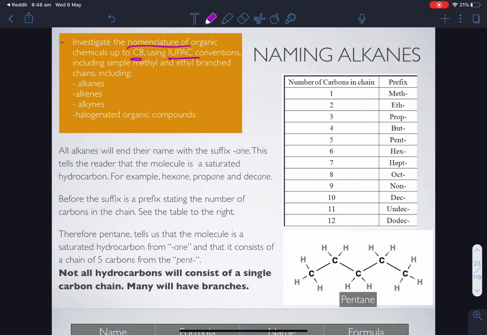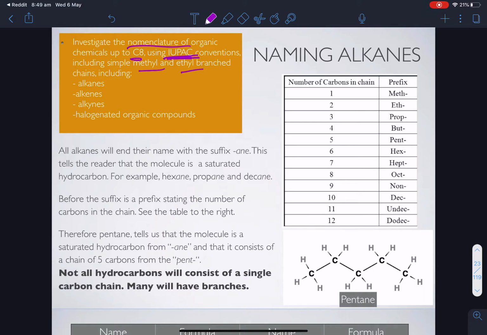These are what I call the chemistry wizards. The Council of Chemists, Applied Chemistry in Europe, no, probably international now, get together and decide on naming rules. We're looking at their naming conventions, including simple methyl and ethyl branch chains, which I'll talk about more.